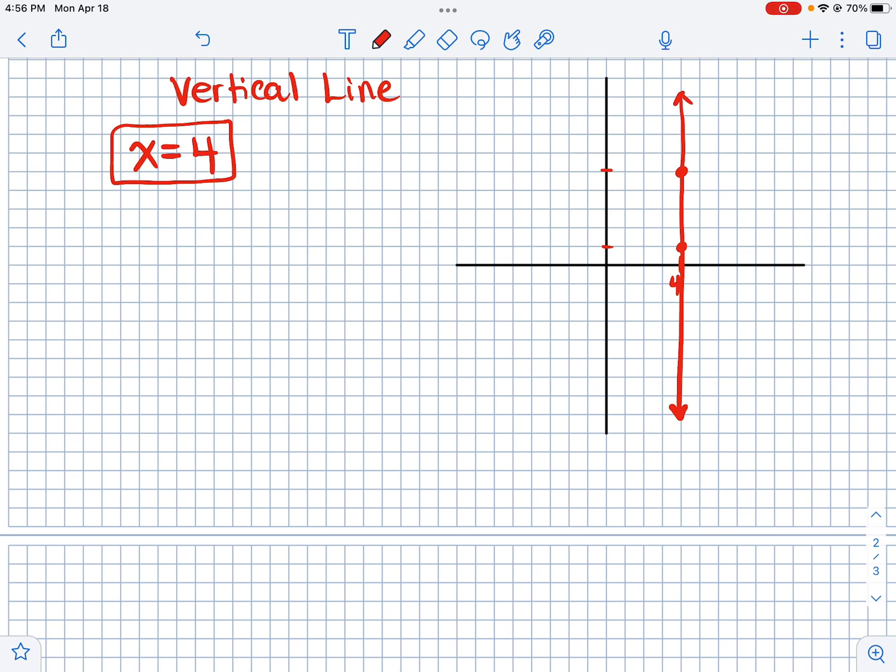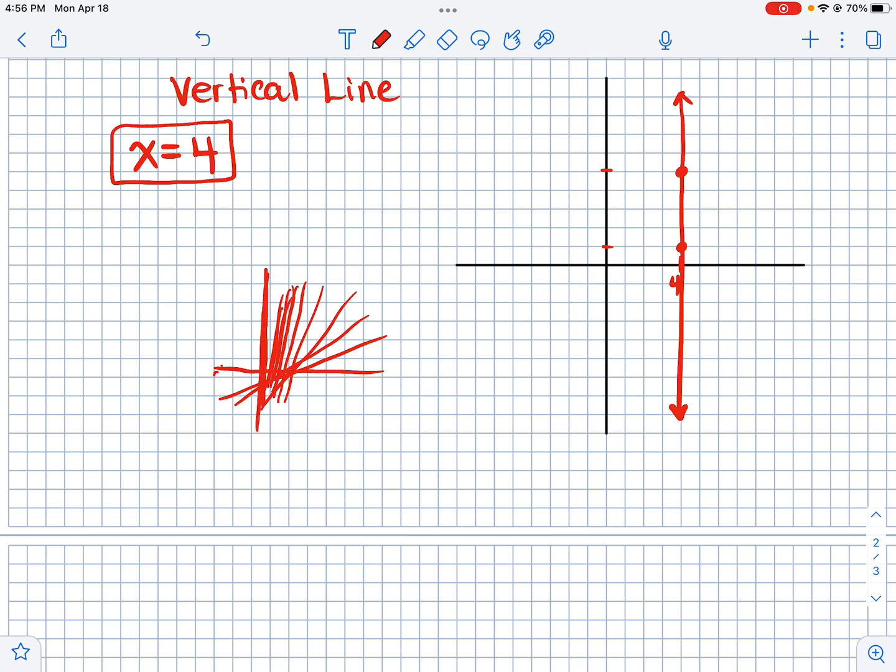Now, the weird thing about vertical lines is their slope. So like, you know, this is a 0 slope. Maybe this has a slope of like 1, 2, 3. You know how as the line gets steeper, the slope gets bigger and bigger and bigger until it's straight up and down.